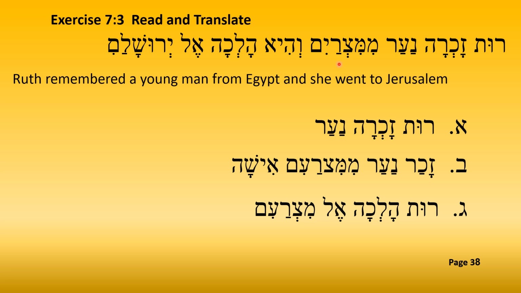Exercise 7, number 3, same thing. As we come across, Ruth Zachra Na'ar Mitzrayim V'hi Halcha El Yerushalayim. Ruth remembered a young man from Egypt, and she went to Jerusalem. So then you take the sentences they give you, cut and paste, or rewrite them.